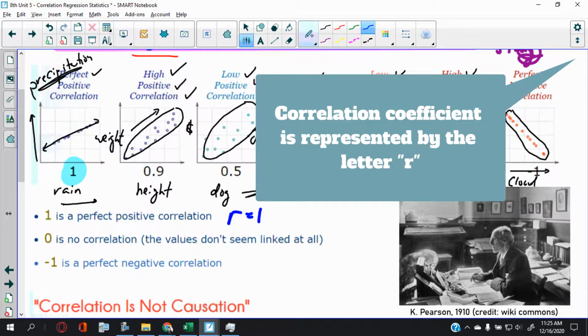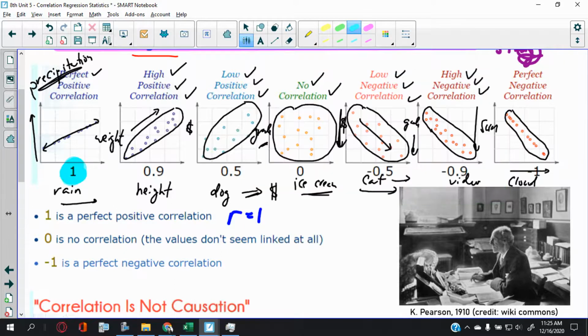It's a scale, by the way, between 1 and -1. Let me draw out a scale for you. The scale looks something like this: 0 on one end, +1, which means perfect positive correlation, and then -1 is perfect negative correlation. That's the range right here.